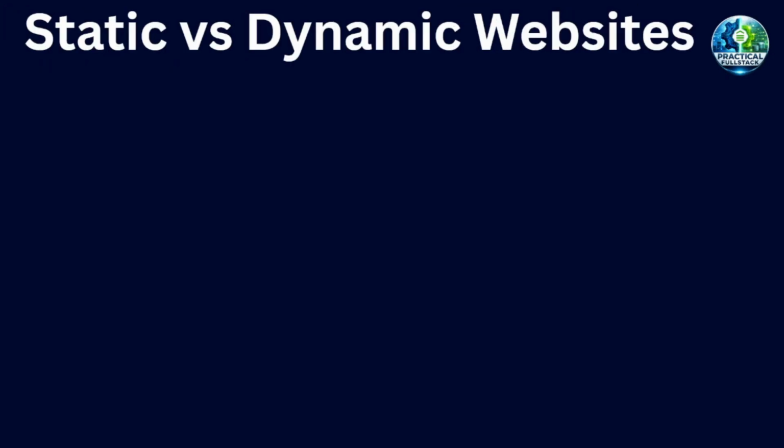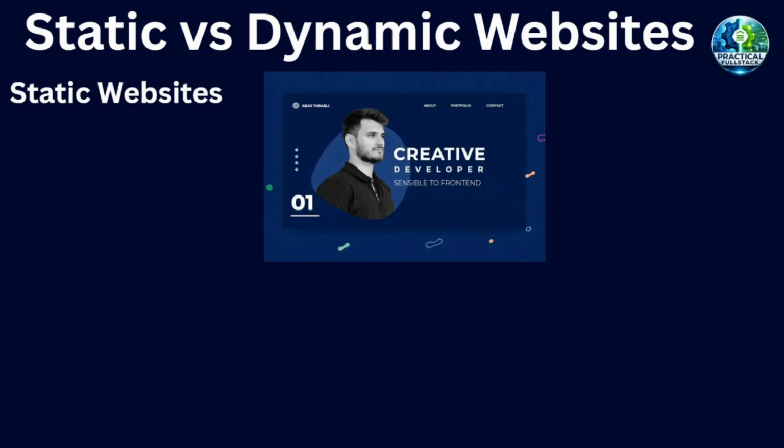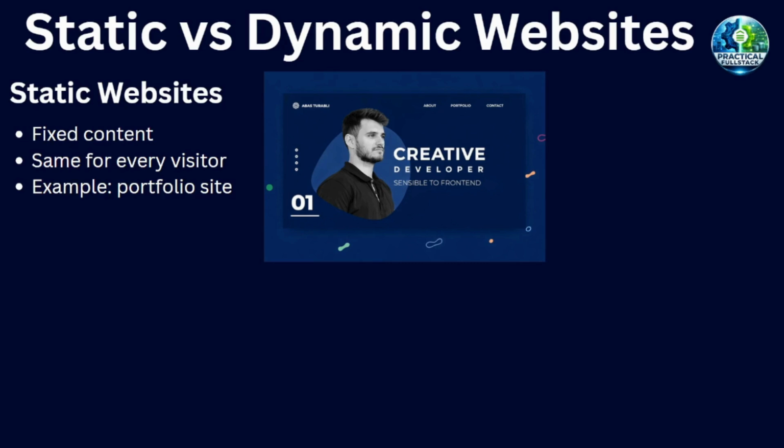Now let's understand another important concept in web development, the difference between static and dynamic websites. Websites can generally be divided into two types, static websites and dynamic websites. A static website contains fixed content that is the same for every visitor. For example, a portfolio website or a simple landing page.